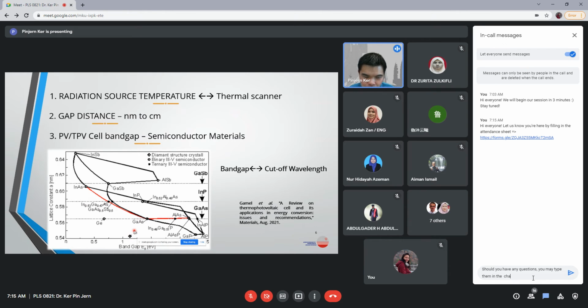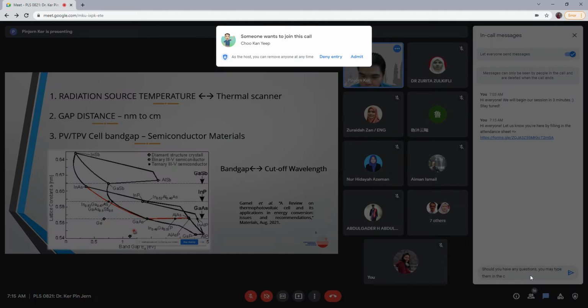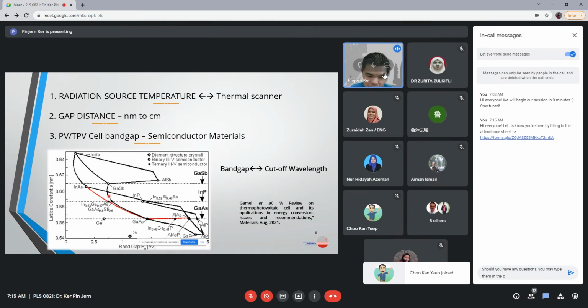But when you are looking at the TPV spectrum, we need to go to a lower or narrower band gap material. And this is the region that we are looking at. That's why in our research later on, you will see that we are focusing more on gallium antimonide. We are looking at indium gallium arsenide, which has a band gap of about 0.74 eV.